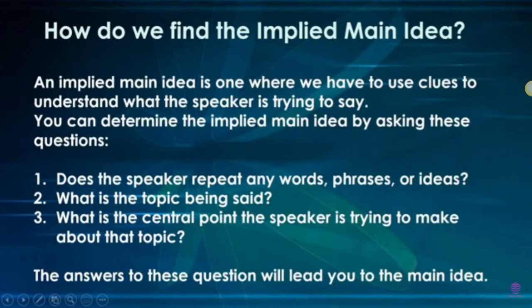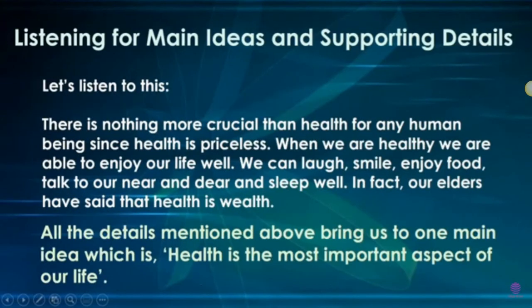Number two, what is the topic being said? Number three, what is the central point the speaker is trying to make about the topic? So the answers to these questions will lead you to the main idea.